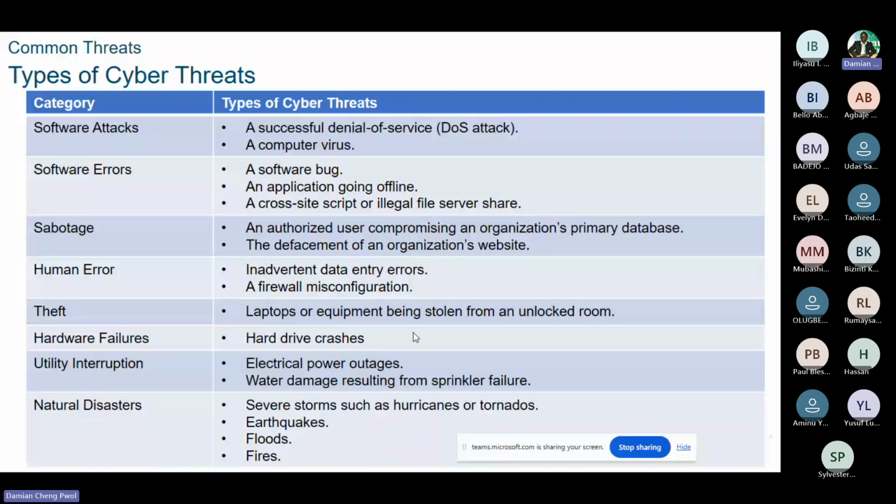So if I may ask, which one do you think is the most vulnerable, which attack will be more damaging to the organization? Any answer from you? I want to gain your feedback. Can anyone make an attempt?